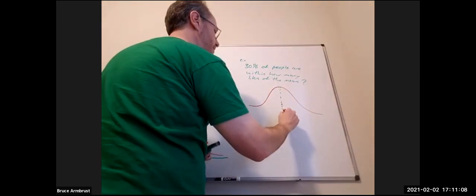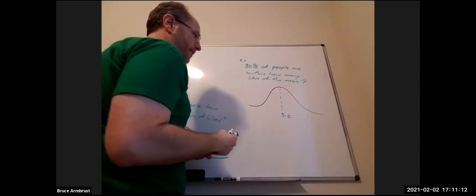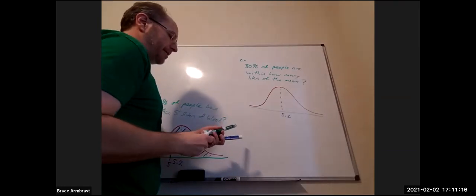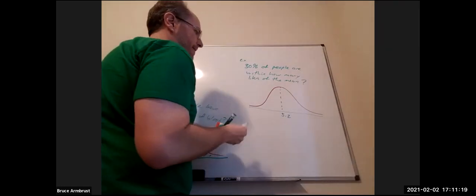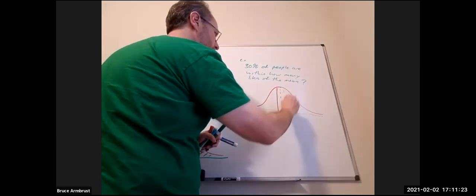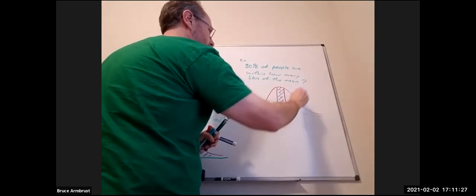So here's our 5.2. And basically, I want to know how far do I go from 5.2 so that I'm catching 30%. So I want this area to be 0.3.